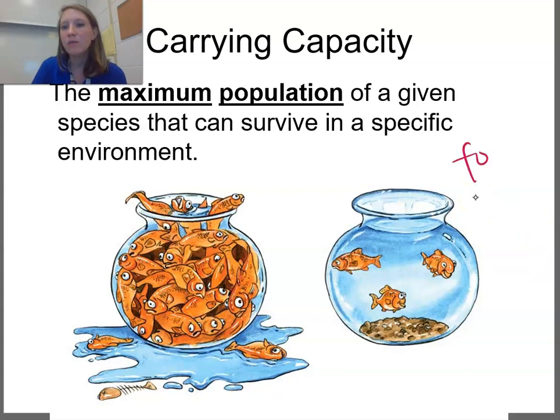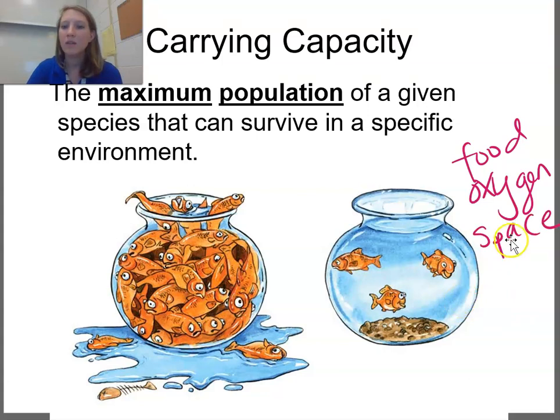They need food, they need oxygen in the water, and they need space. They need space to be happy, oxygen to breathe, and food to eat. They seem pretty happy right there. Maybe it's 3 to 5 individuals to be happy.